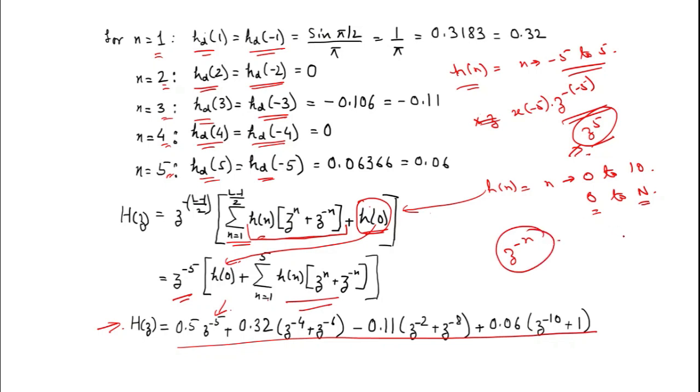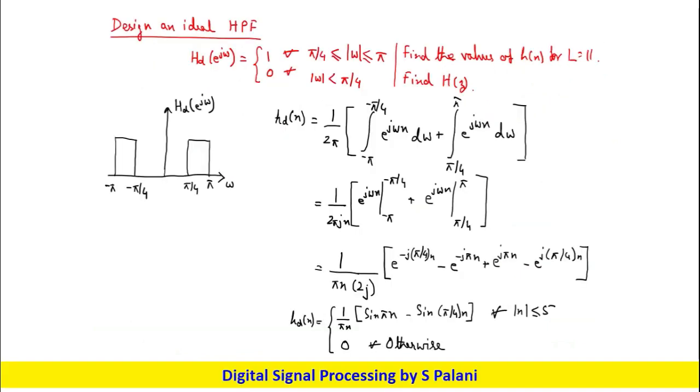So we have a delay z to the power minus 1 which can help us in implementing z to the power minus n components, right? So in this way, you have to find out the transfer function of any given system. Now similarly, if you look at the second example, where we have been given to design an ideal high pass filter.